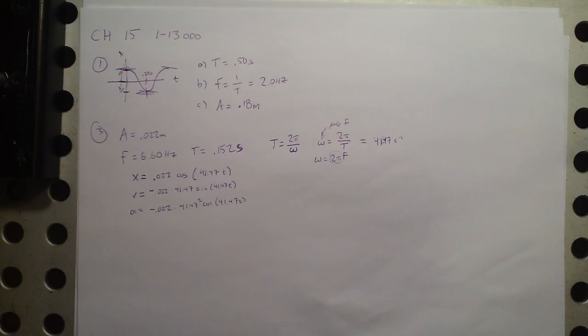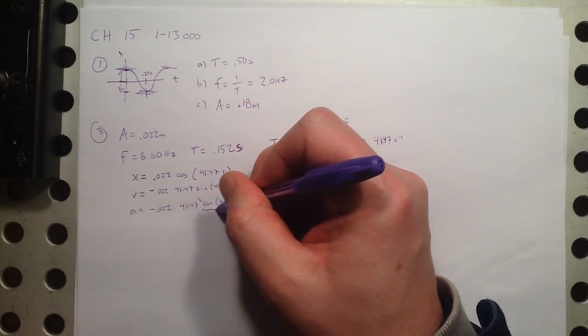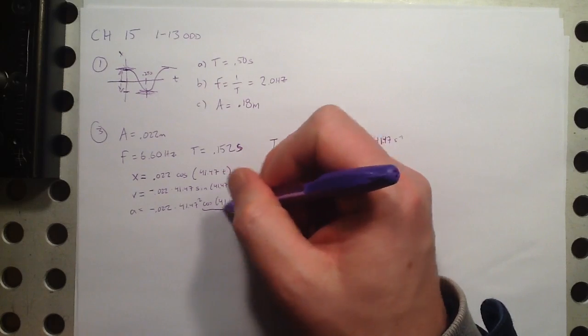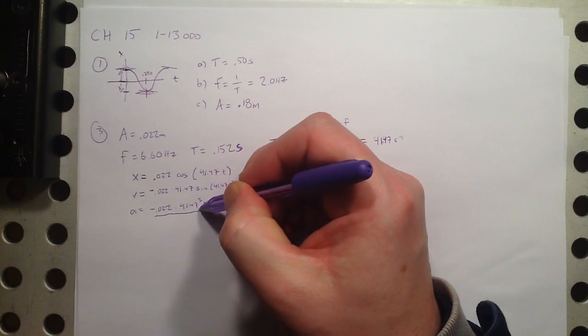And you could get all fancy if you wanted to and say, I know how to do calculus, maximum acceleration, find the derivative of that, set it equal to 0, or you could graph it, or you could just say, you know what, this is a trig function, cosine, that just goes between 1 and negative 1, regardless of what's in here. So the maximum value is just the amplitude.